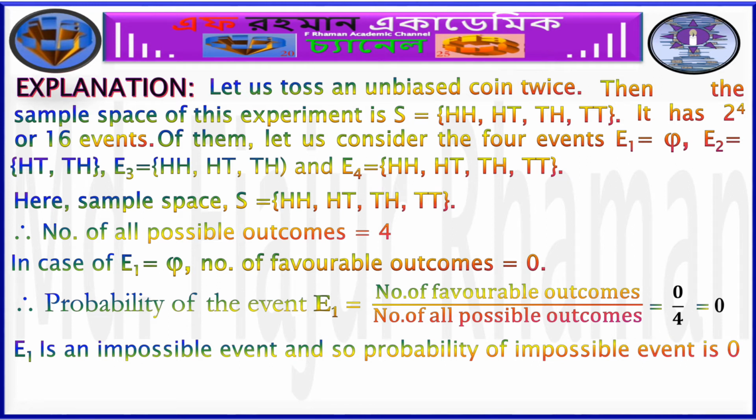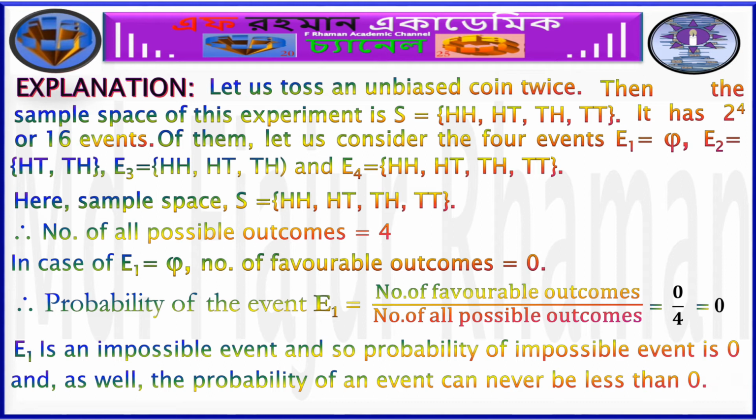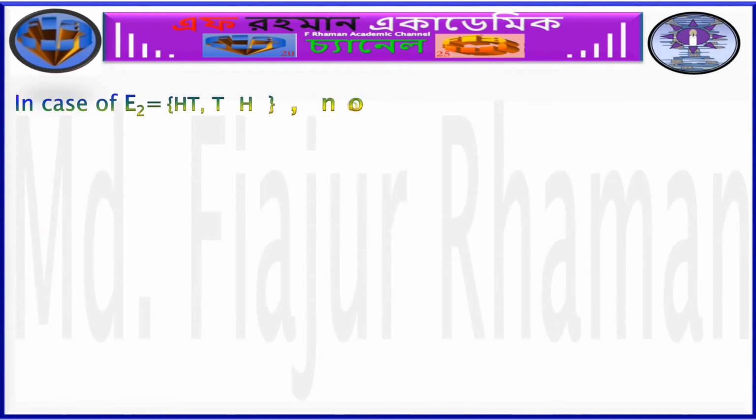E1 is an impossible event. We have already mentioned it, and so probability of an impossible event is 0. And as well, the probability of an event can never be less than 0. In case of E2 = {HT, TH}, number of favorable outcomes is equal to 2.